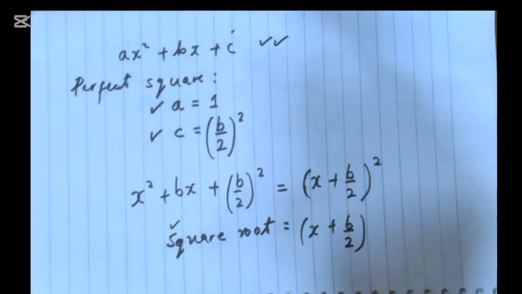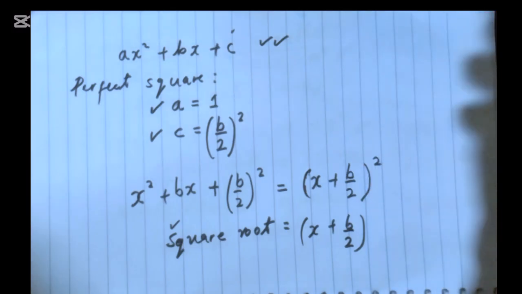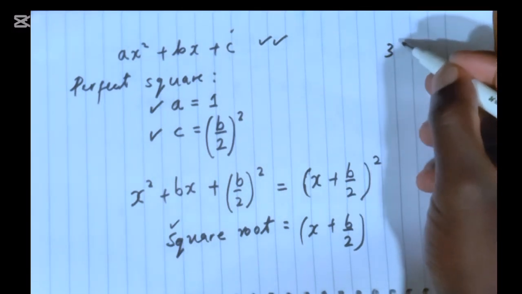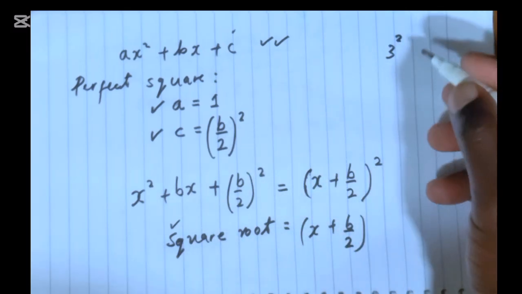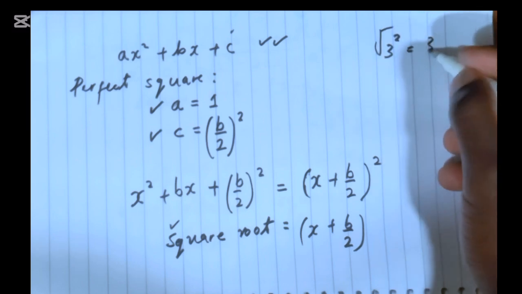It's the same way when you have 9. We know that 9 is a perfect square, so its square root will be 3. Of course, this is just another unrelated example. If I speak of 3 squared and I want to find its square root, note that this will just be 3.